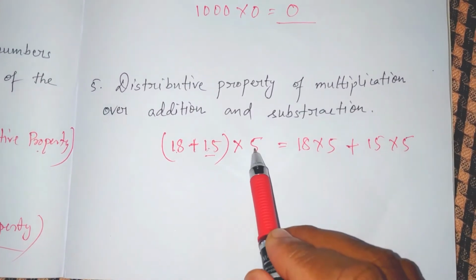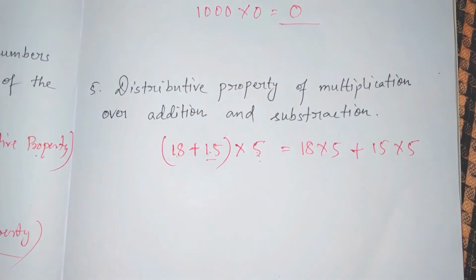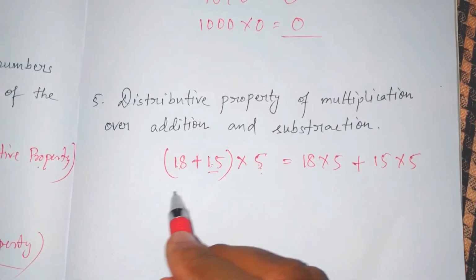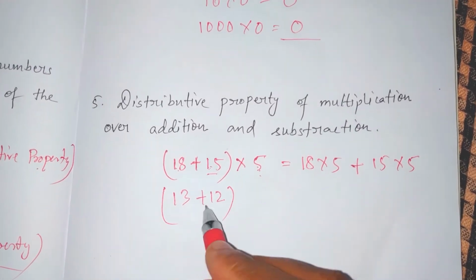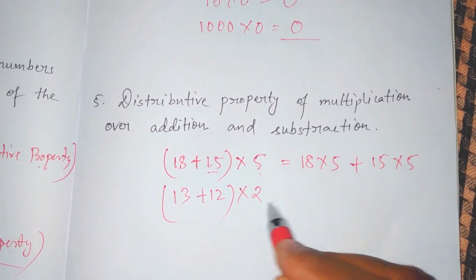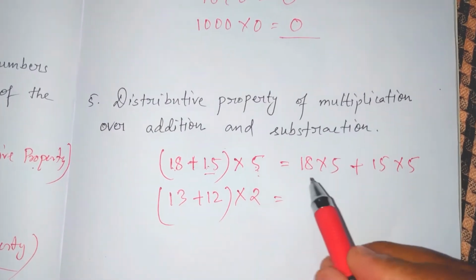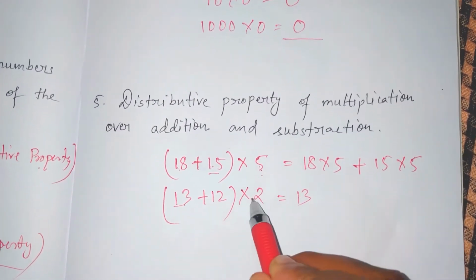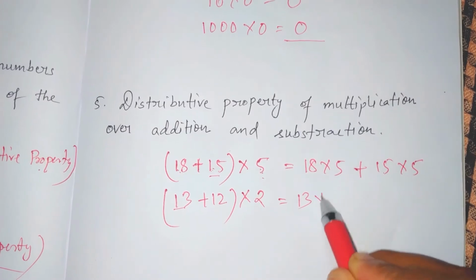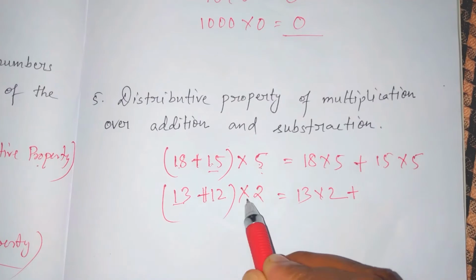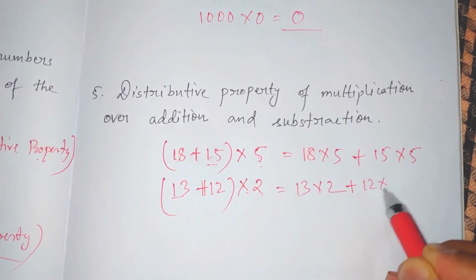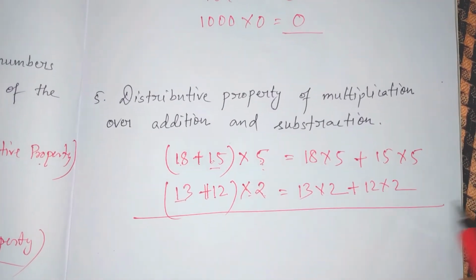Okay, so let's take another example. If I say 13 plus 12 in bracket, multiplied with 2, then this can be written as 13 into 2 plus 12 into 2. Similar is the situation with subtraction.